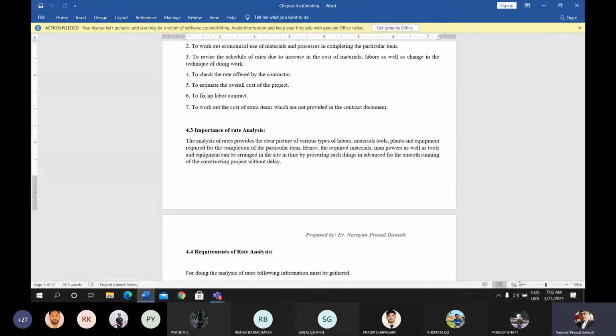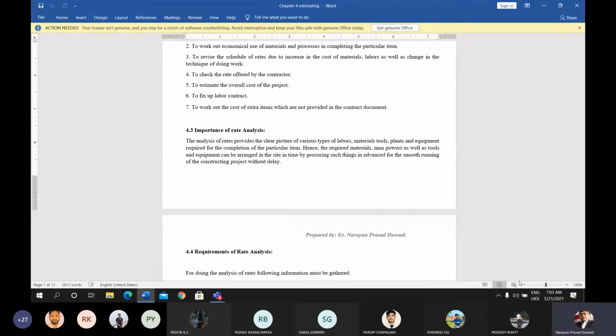If the project is delayed without the availability of material at the site, then there will be loss of time, the time of the project increases, and the increasing time ultimately increases the cost of the project.